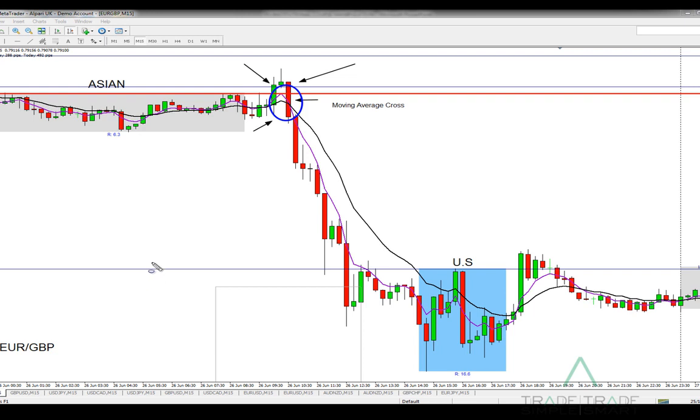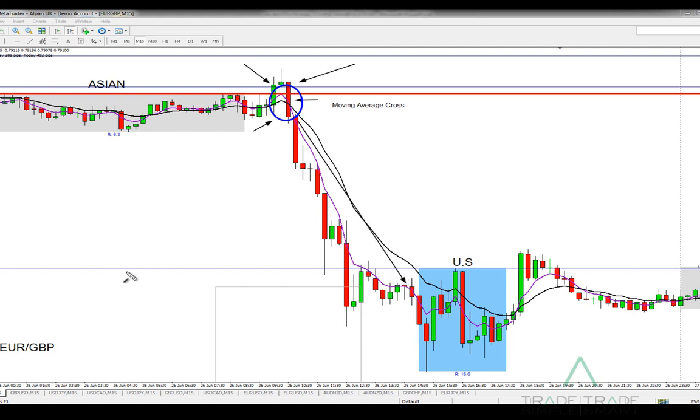We see that the 5 moving average, again represented by the purple line, crosses below the 13 moving average. And as the trend unfolds, you can see that they do not recross.